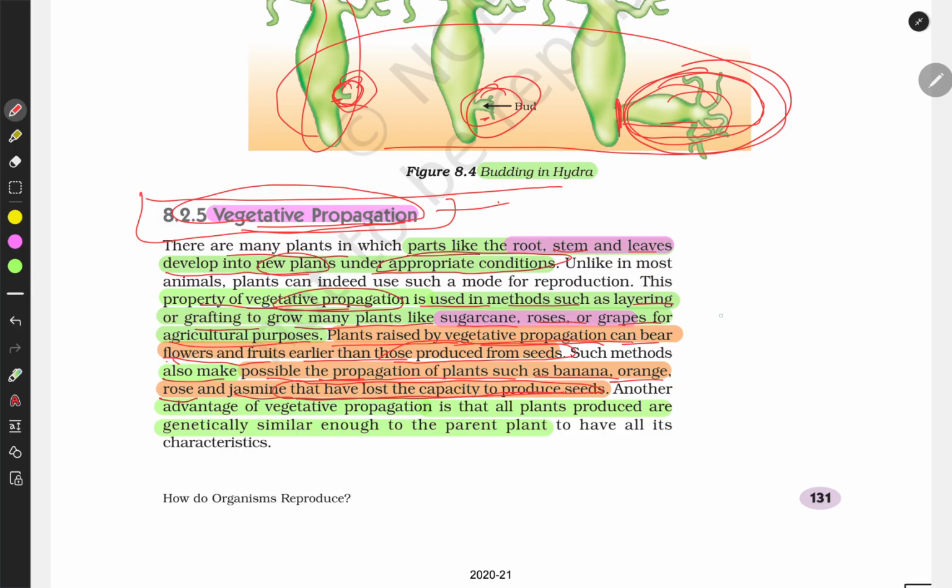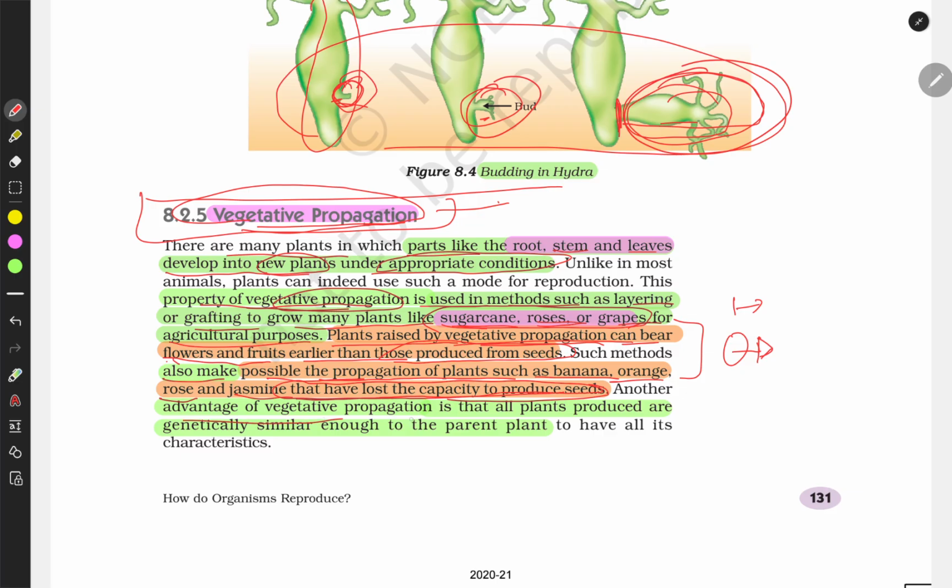So this can be used for commercial purposes, and these are used for growing sugarcane and rose and grapes. They have two benefits. One, they give fruit and flowers earlier than the plant generated through seeds. And another one is the plant can be generated even after it has lost the reproductive capacity, like producing seed.